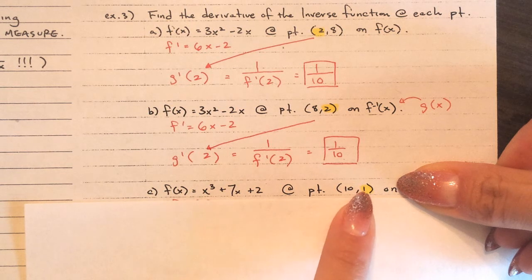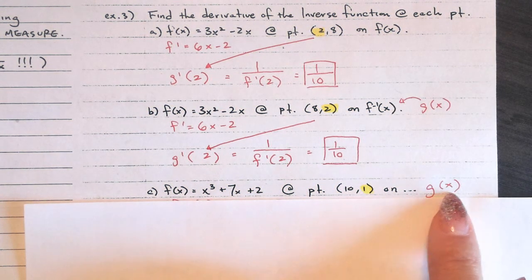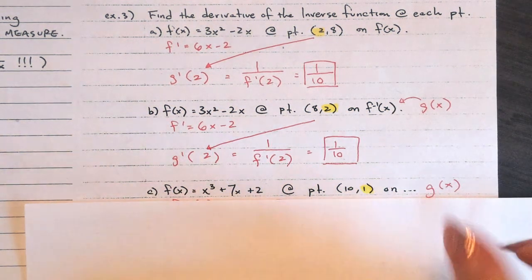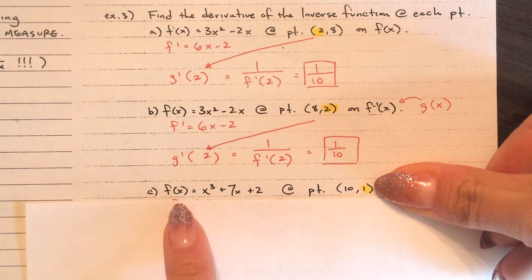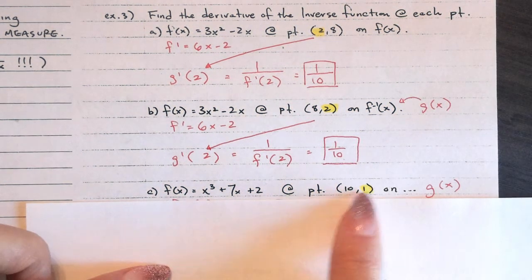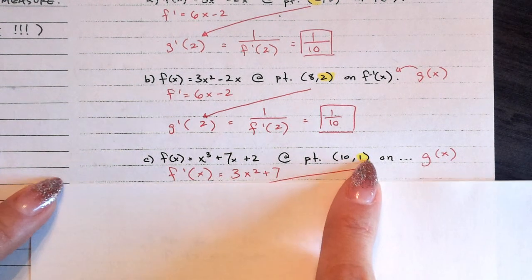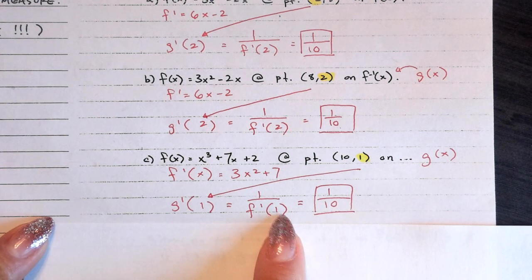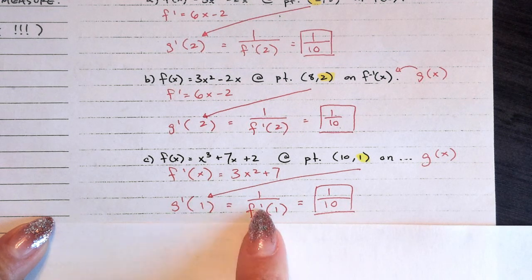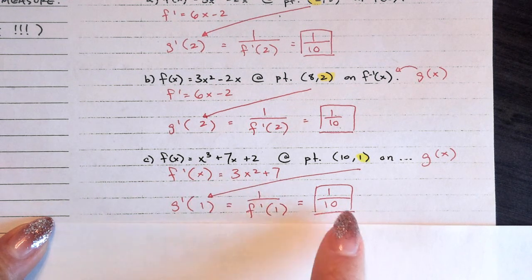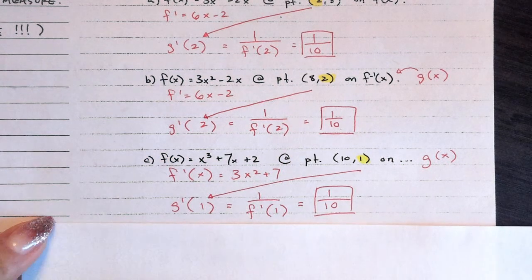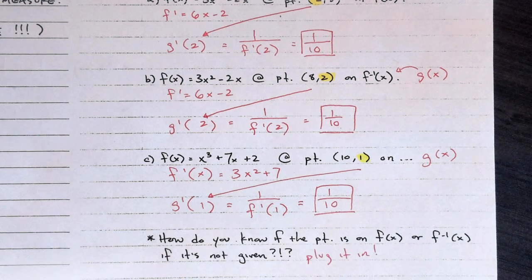So I highlighted 1. I don't really need to know this, I can just figure it out by plugging in. So the 1 is the important part. I find the derivative, and then I use the 1 over f prime of 1, I plug in 1, and I get 10. Is the answer always 1 over 10? No, but for now it is.